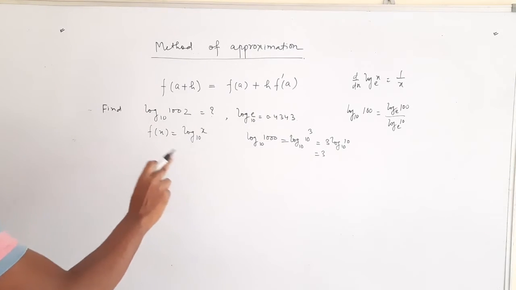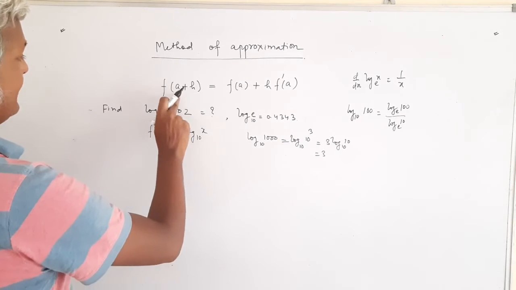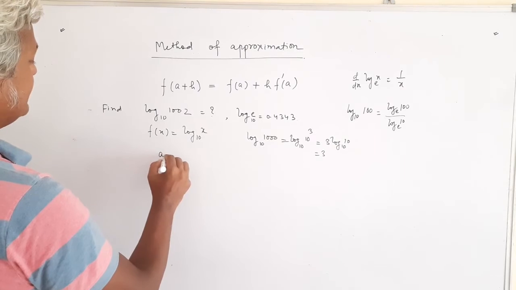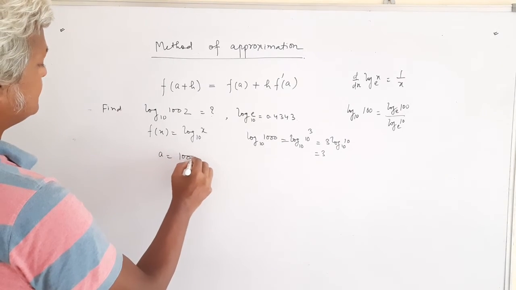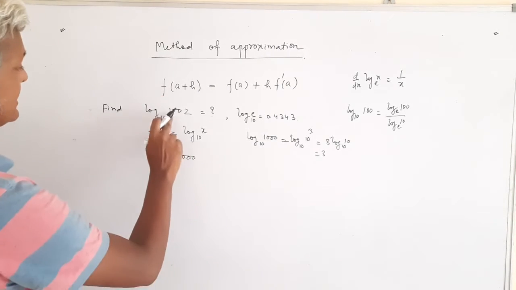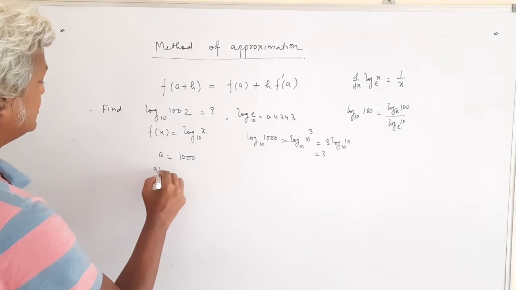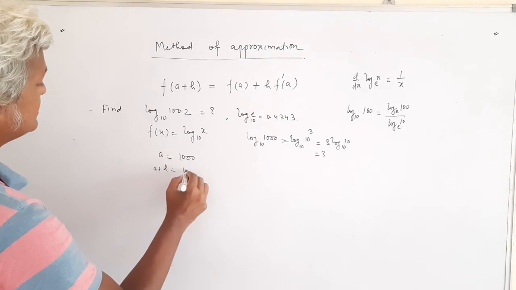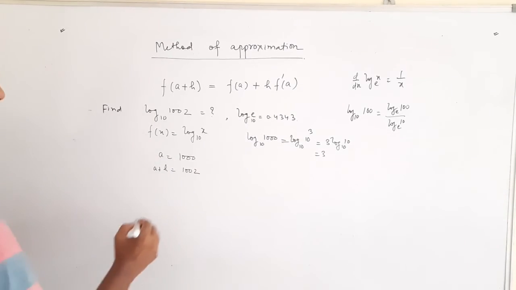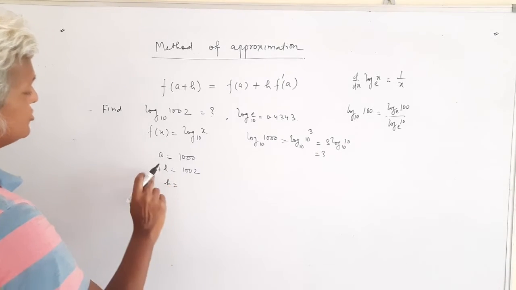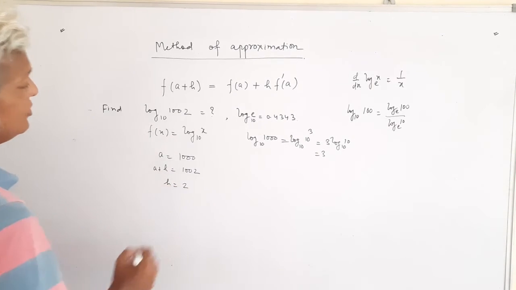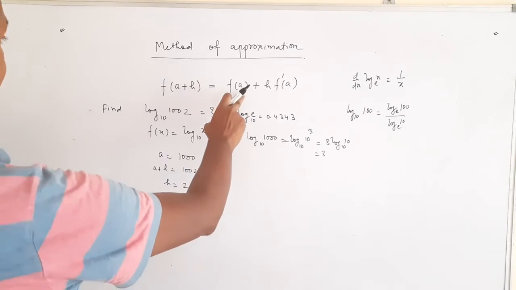So now here we write f(a plus h). What is my a? That is 1000. What is my a plus h? This is 1002. Now what is h? This minus this, that will be 2. So what is f(a)?